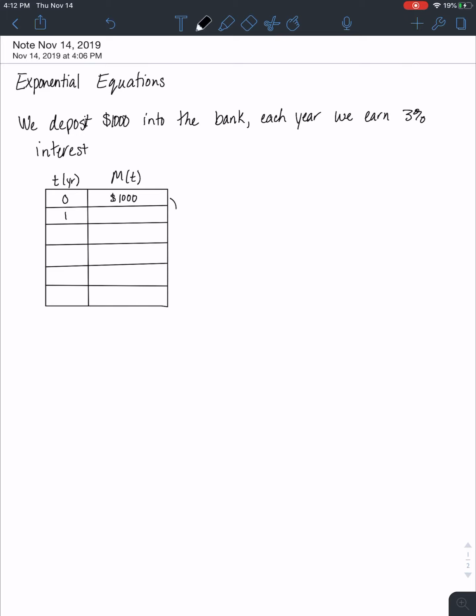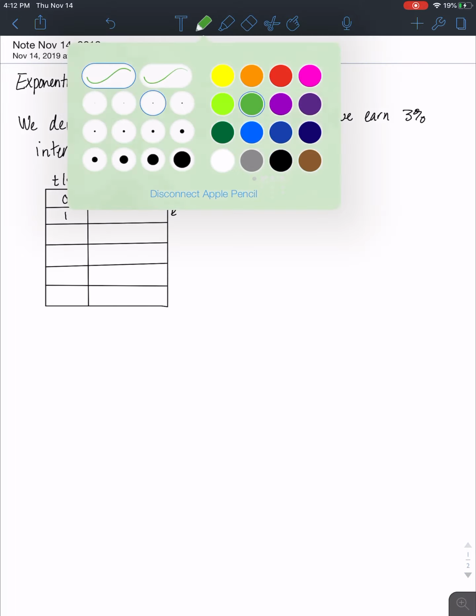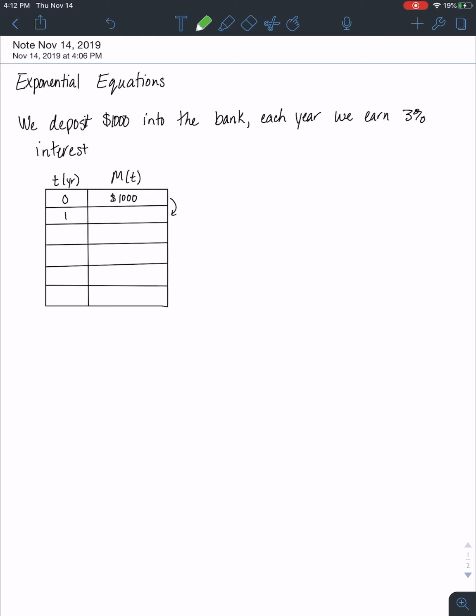After 1 year, here's what the bank promises to us. They tell us that we will earn 3% interest. So that means we need to figure out what 3% of our money is. So we turn 3% into the decimal form. This is 3% as a decimal. If I type that into my calculator, 1,000 times 0.03, that is equal to 30.